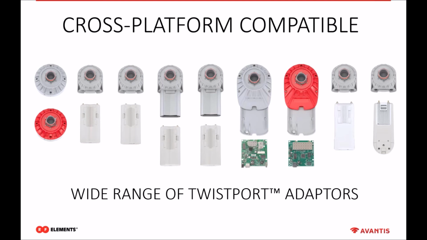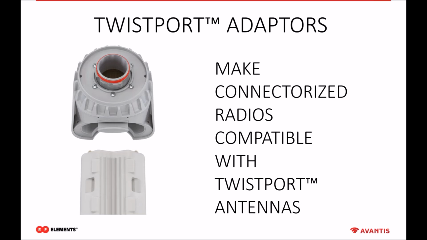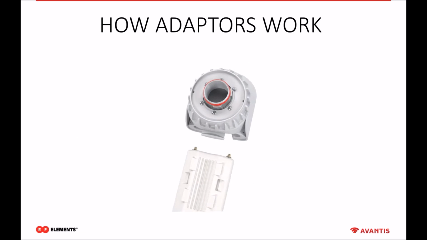You can do it by using twist port adapters. Twist port adapters are used to connect third-party radios, so radios without the twist port connector, to the twist port antenna. How such an adapter works is very simple.